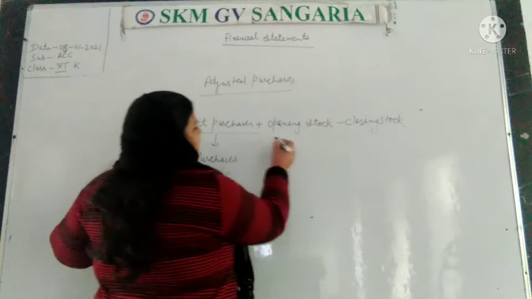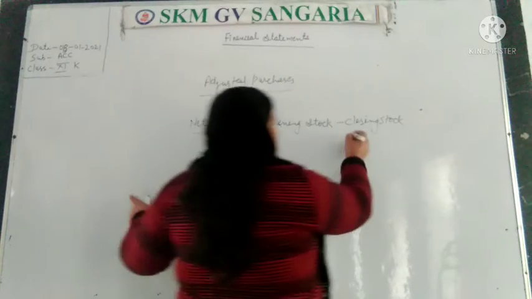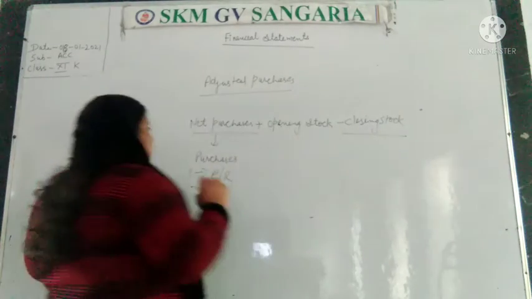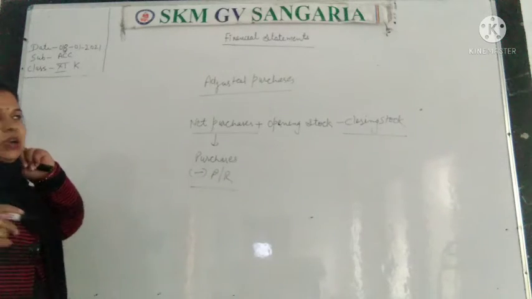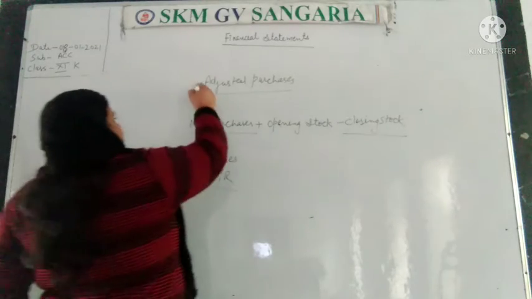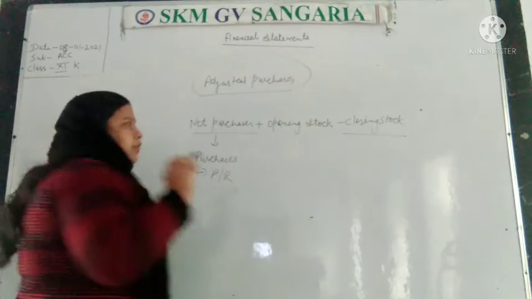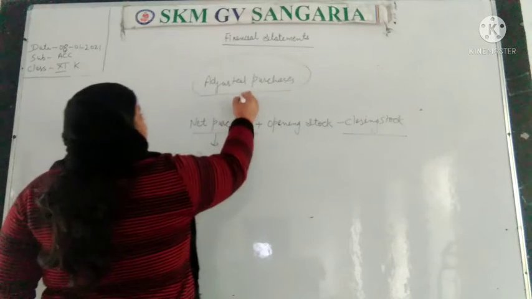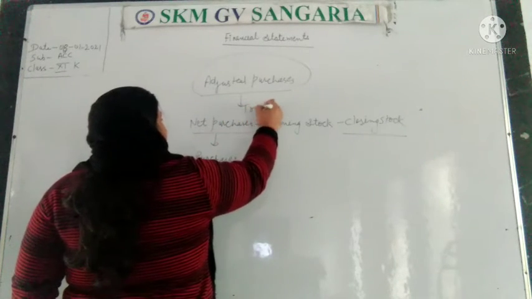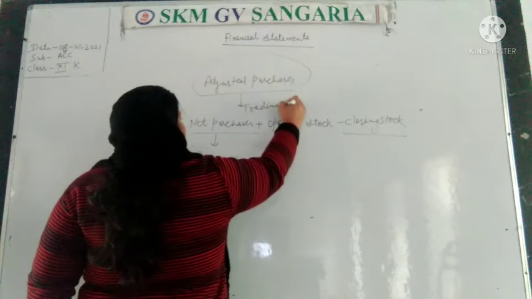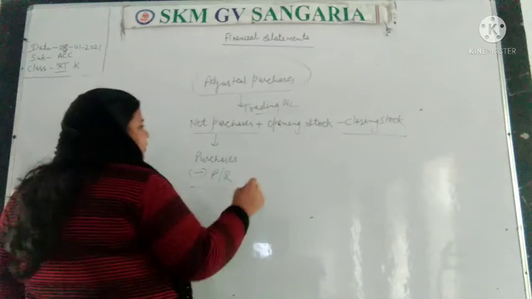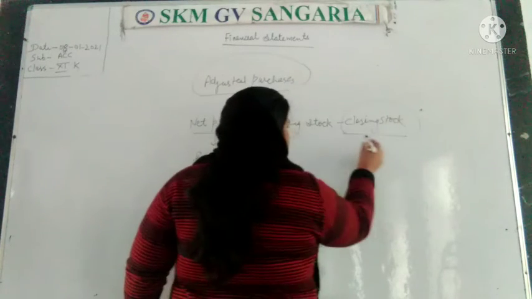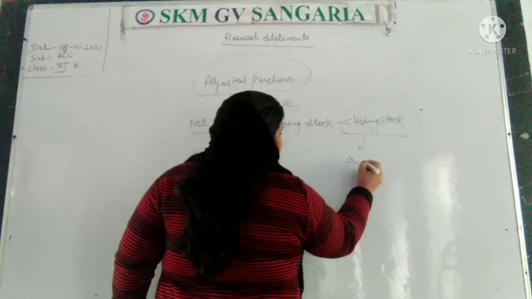Then we will add the opening stock and we will deduct the closing stock from the adjusted purchases. If there is presence of adjusted purchases in the question, then while preparing the trading account, we will not write the closing stock at the credit side.